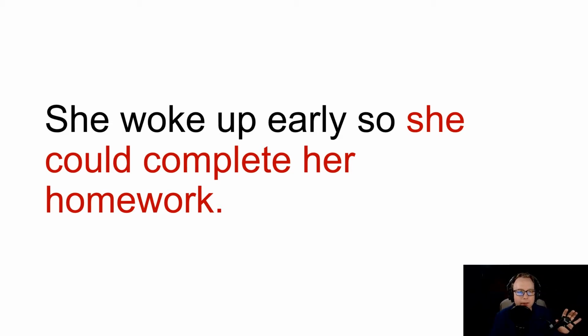When you put it all together, she woke up early so she could complete her homework. In this case, we have a conjunction in the middle that connects these two independent clauses, but it doesn't require any punctuation because they are completing a very similar thought and don't need to be separated visually. That is sometimes necessary when we're combining two clauses.